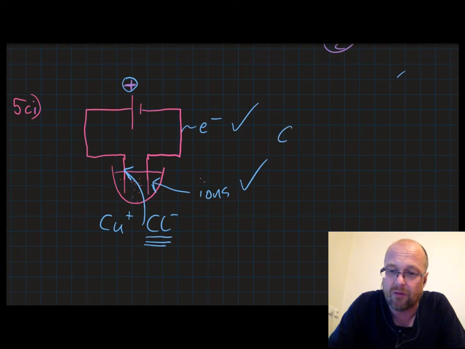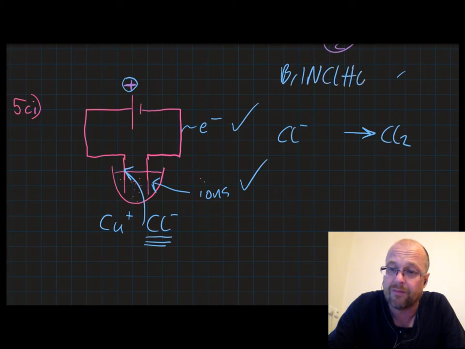So I'm going to have the chloride ions, and it always makes the element, Cl2. Chlorine's diatomic. How can you remember that? Well, you've got Brinkelhoff, haven't you? Each of these is diatomic: bromine, iodine, nitrogen, chlorine, hydrogen, oxygen, fluorine.